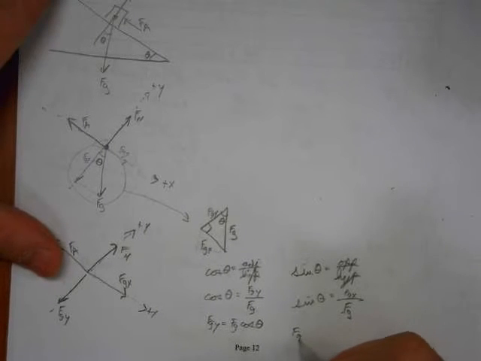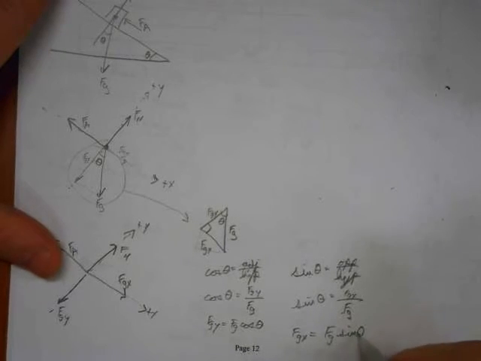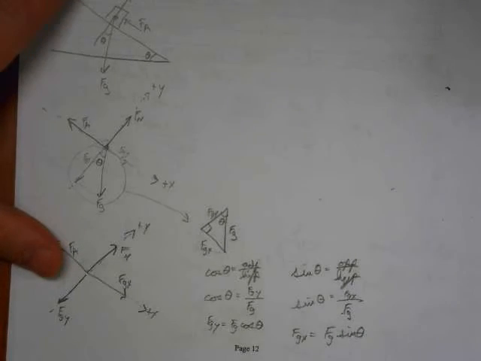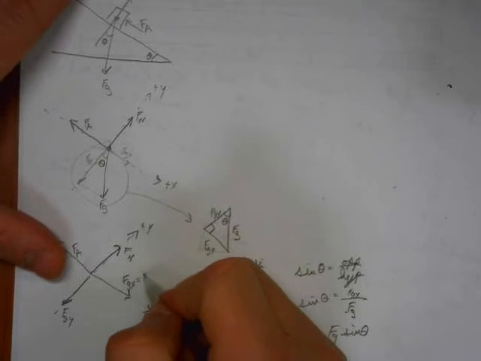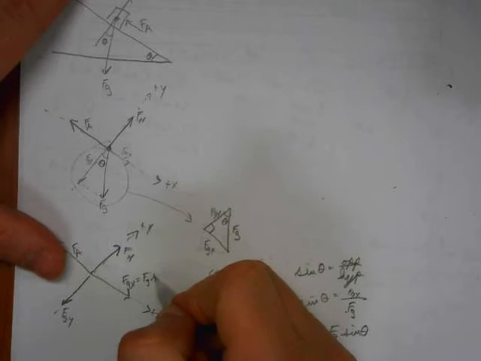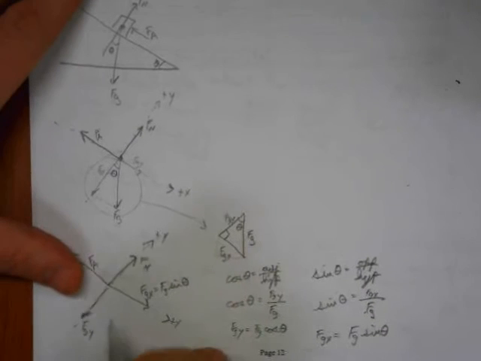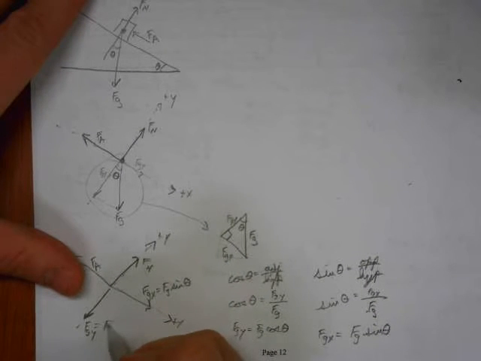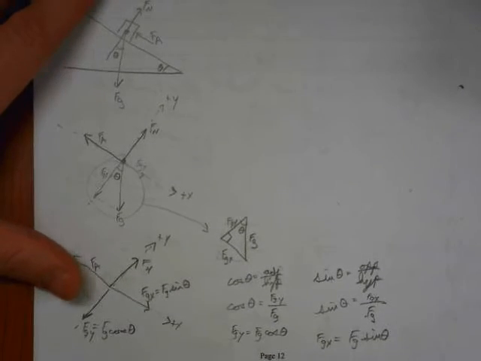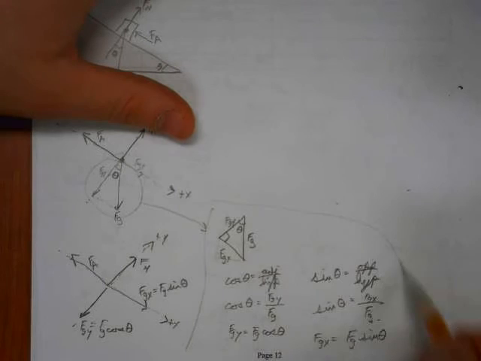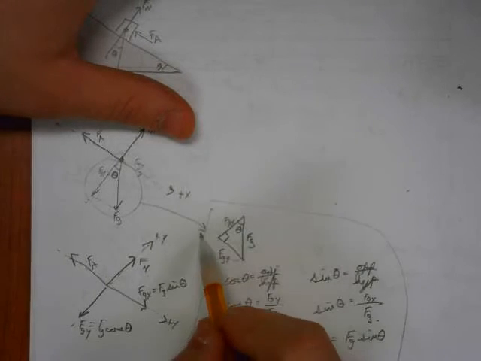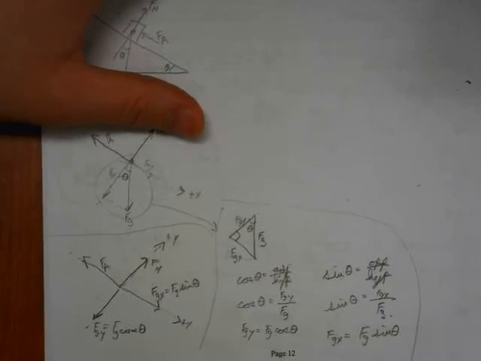So then we can say FGX equals FG sine of theta. And I can write these on our free body diagram: FGX equals FG sine of theta, FGY equals FG cosine of theta. And I'll just box this out so it doesn't get mixed up with anything else.